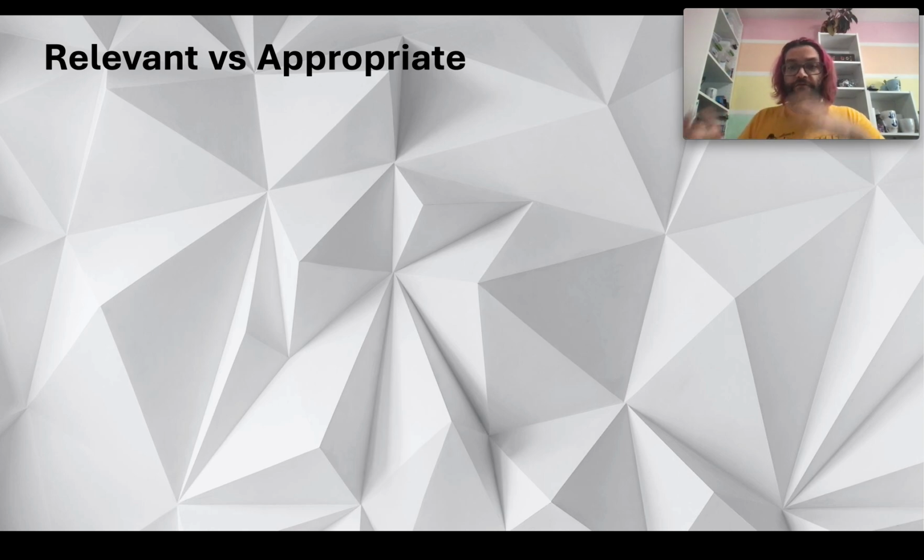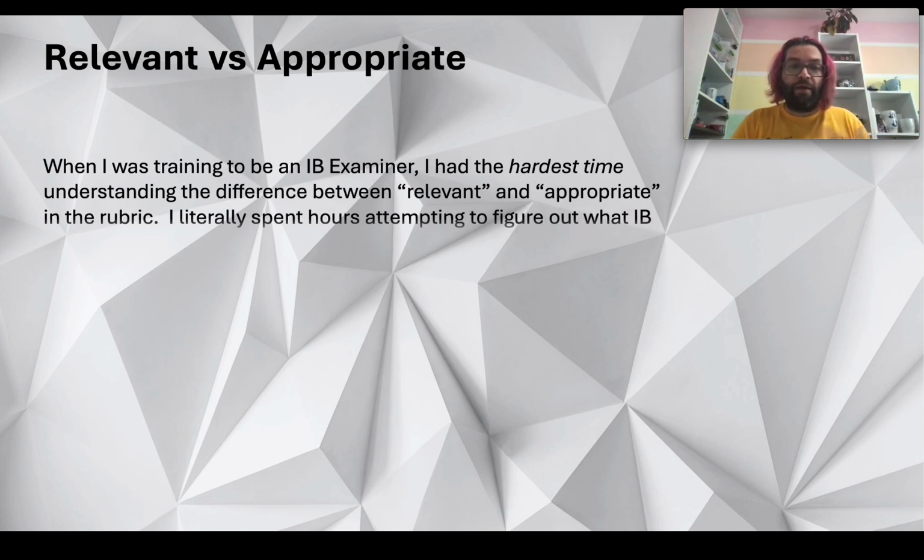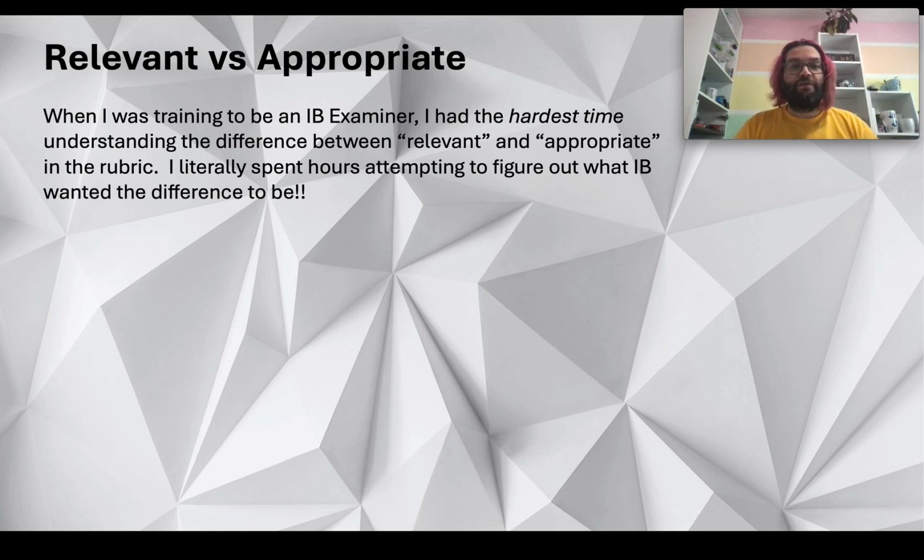Before I get into IB's official guidance, though, I did want to share with you my struggle with the concepts of relevant and appropriate on this rubric. So this past year, in 2020, 2021, when I was training to be an IB examiner, I had the hardest time understanding what the difference was between relevant and appropriate on this rubric.